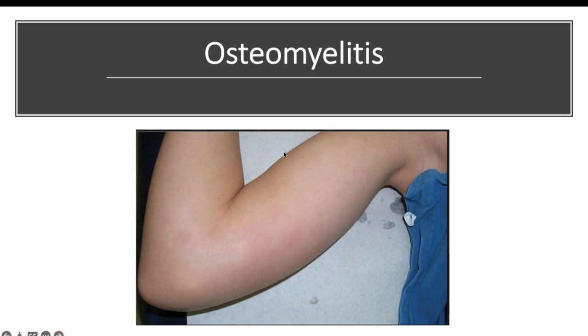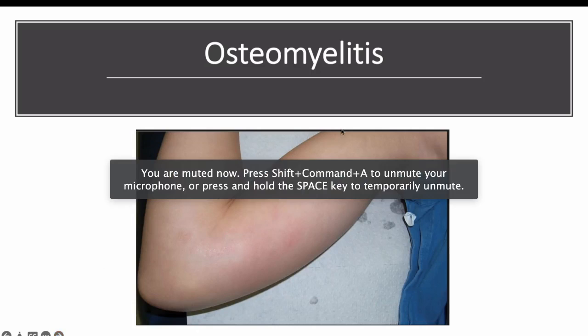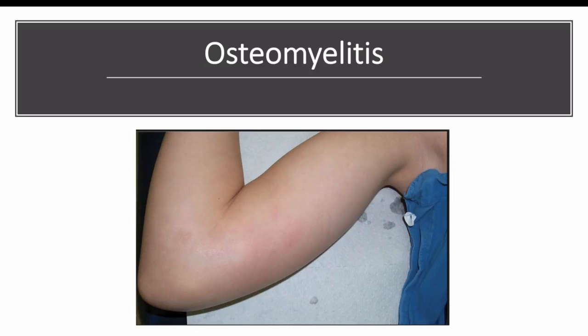In this patient, what will you see? Is there anything in the picture that can indicate this patient had osteomyelitis? The signs of inflammation, which are warmth, redness, swelling, pain, and loss of function.